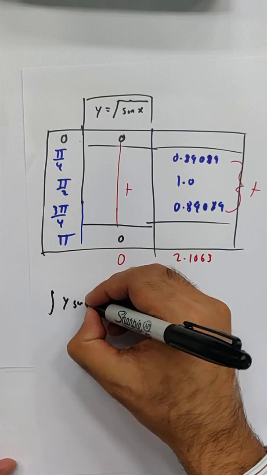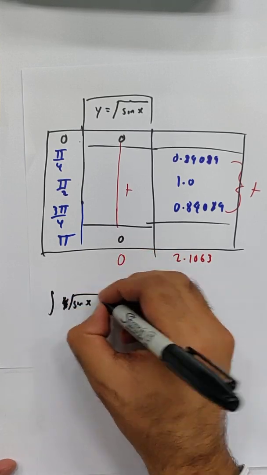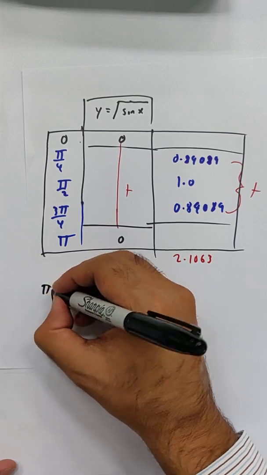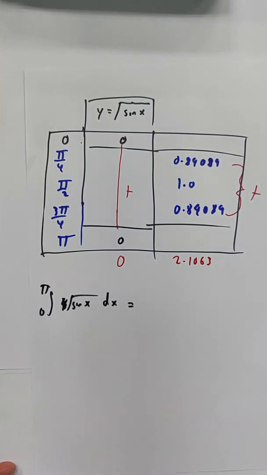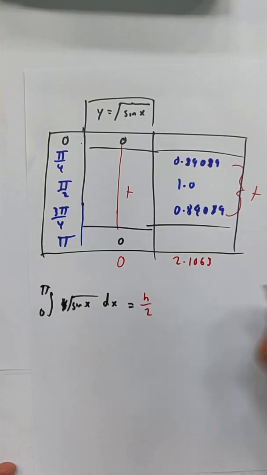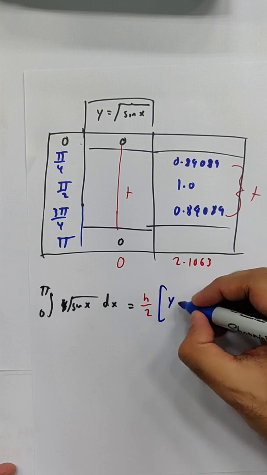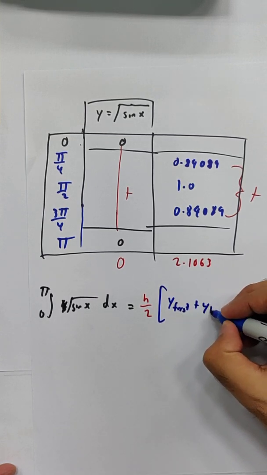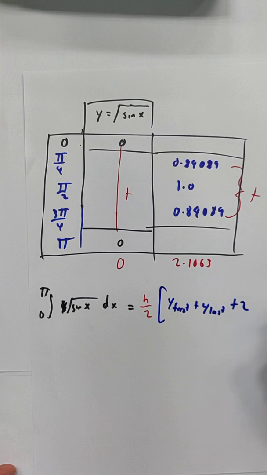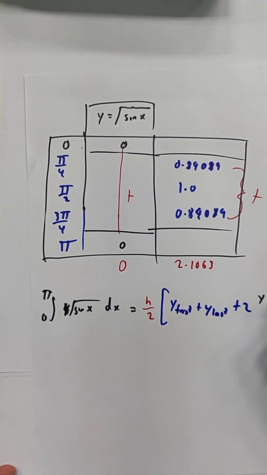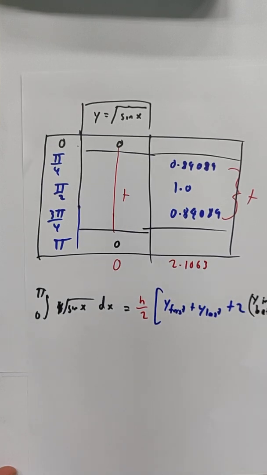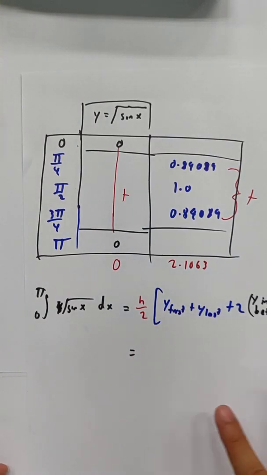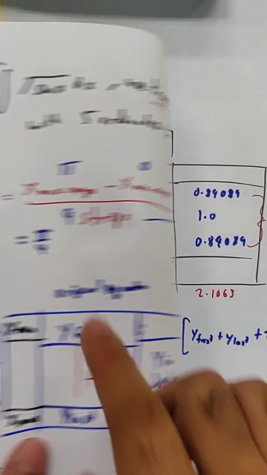And then I copy the original equation back, sorry, without the y. Pi 0, this is the original question that we got, and we translate into the formula. H over 2, y first, plus y last, plus 2, y in between, h will be pi over 4.